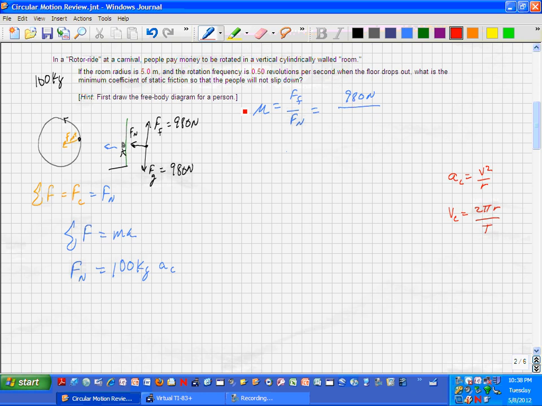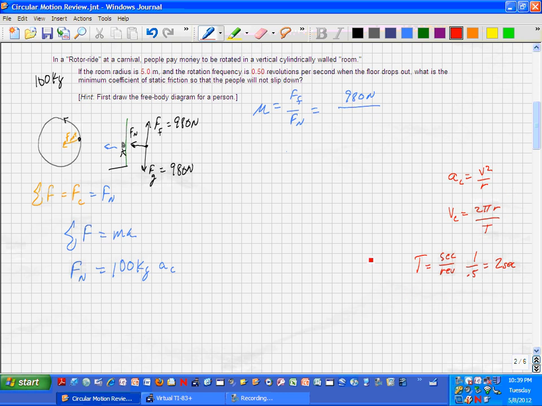Well, I've got enough information to find t because t is simply seconds per revolution. So it makes a half a revolution every second. So 1 second over 0.5, which is going to be 2 seconds, right? So I have the radius also. It's a 5-meter radius ride.